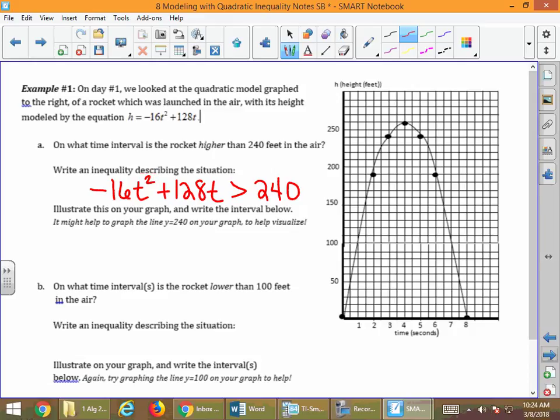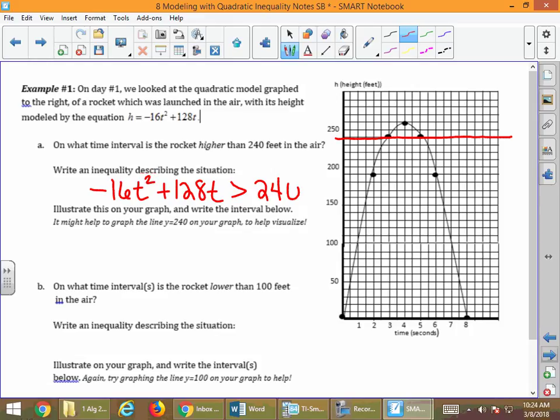I personally find it more helpful to do something on the graph. It might help to graph the line y equals 240 here, and I'll do the best I can. Looking at the scale, 210, 220, 230, 240 is where I put the red line.